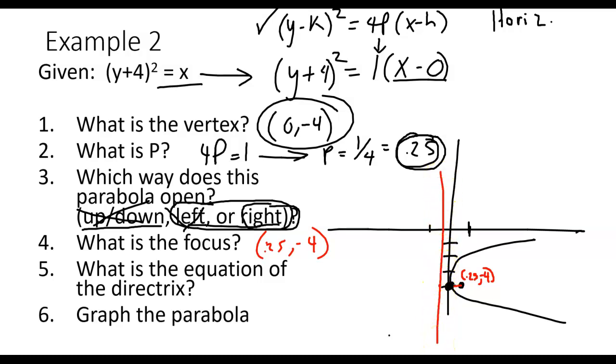Now for vertical lines, we use x equals instead of y equals. Remember on the last problem we put y equals something, but for vertical lines, it's x equals. And in this case, x is equal to -0.25. At that point, we've also done number 6. It's been completely graphed. So there you guys have it.